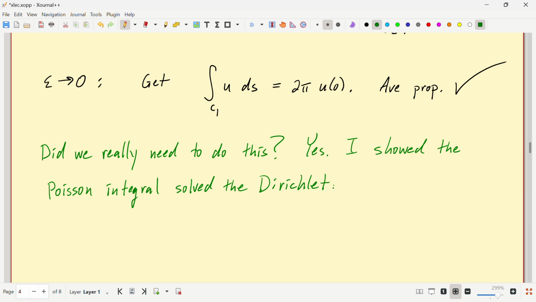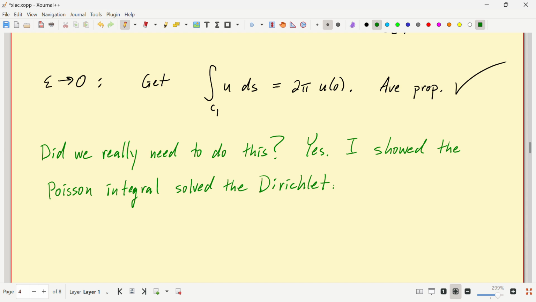And I let you get excited about that. And then I showed you that the solution to the Dirichlet problem satisfies the averaging property. And the averaging property implies the maximum principle. And the maximum principle implies uniqueness.